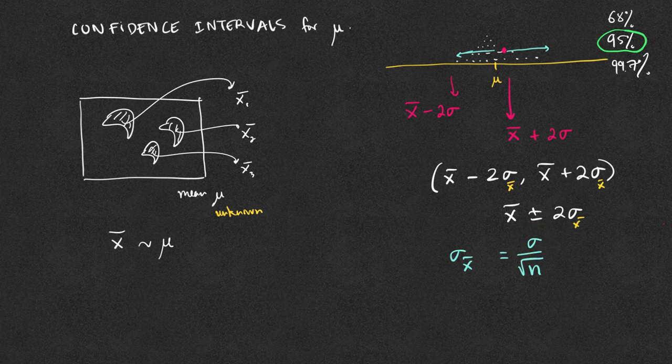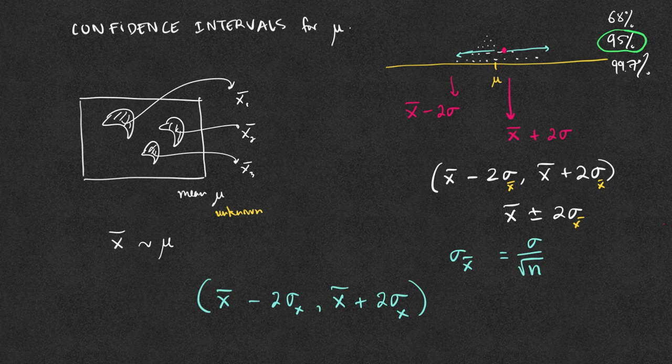And so to summarize, to construct the confidence interval, we will need to check the normality condition. We will compute x bar, which is the point estimator. We will compute the standard error. Once we have these, we will take x bar minus 2 times the standard error, and then x bar plus 2 times the standard error to obtain the confidence interval.